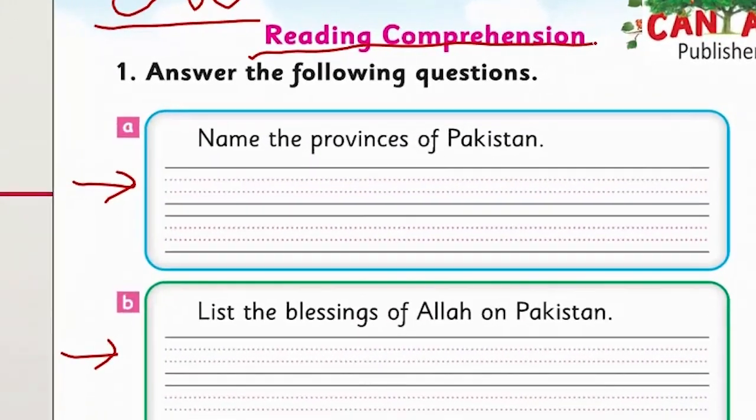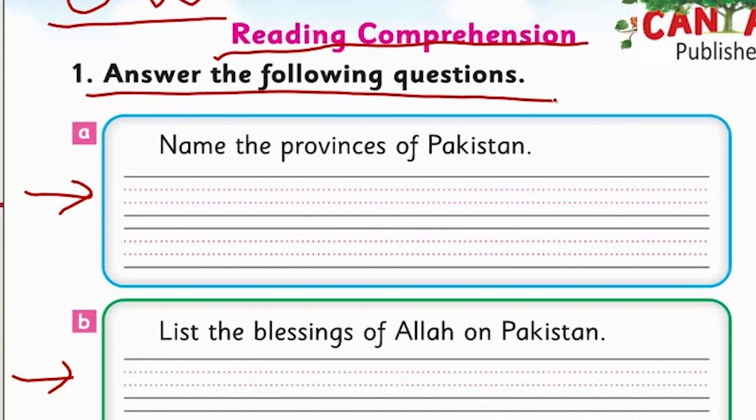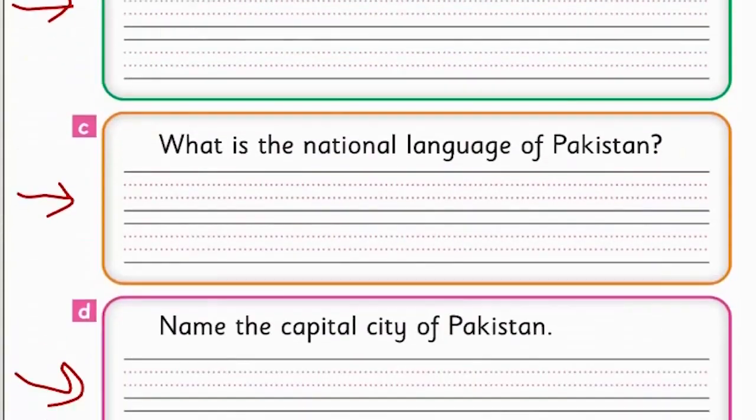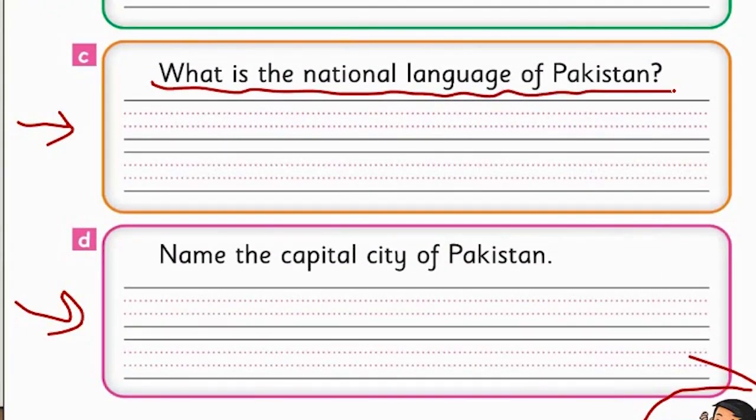Reading comprehension. Answer the following questions. Name the provinces of Pakistan. List the blessings of Allah on Pakistan. What is the national language of Pakistan? Name the capital city of Pakistan.